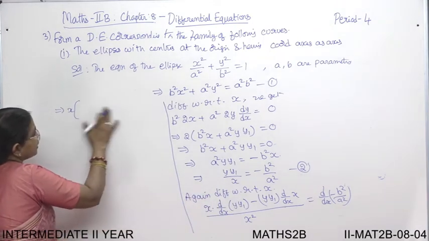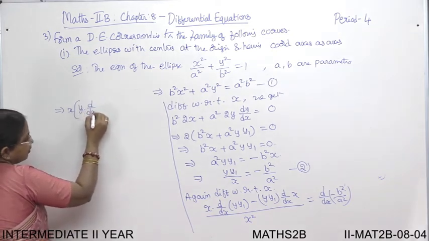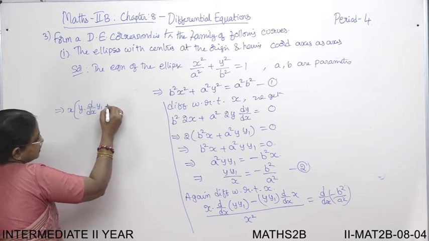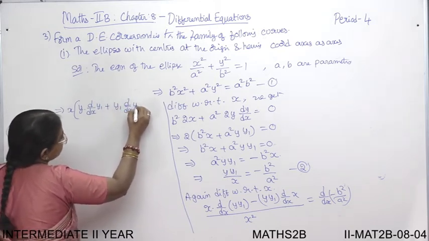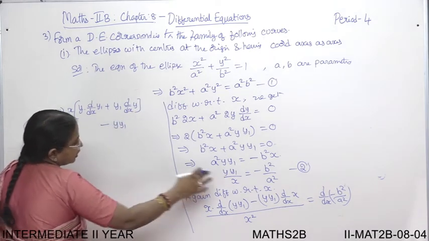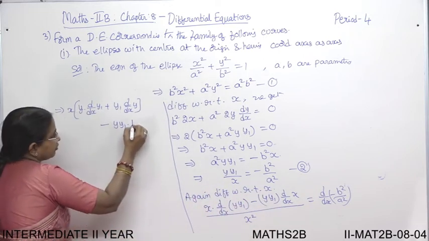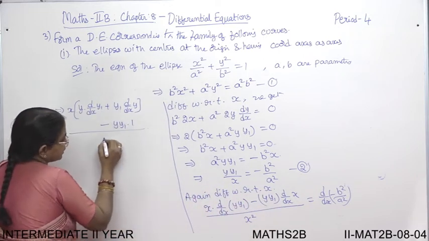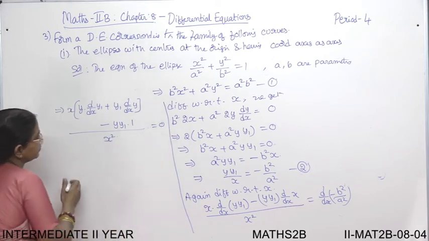Okay, otherwise I'll write like this. See, first function into derivative of second function plus second function into the derivative of first function, that is y, minus y1 into derivative of x. Derivative of x is 1. So into 1 by x square is equal to 0. So when you cross multiply, that becomes 0 only.